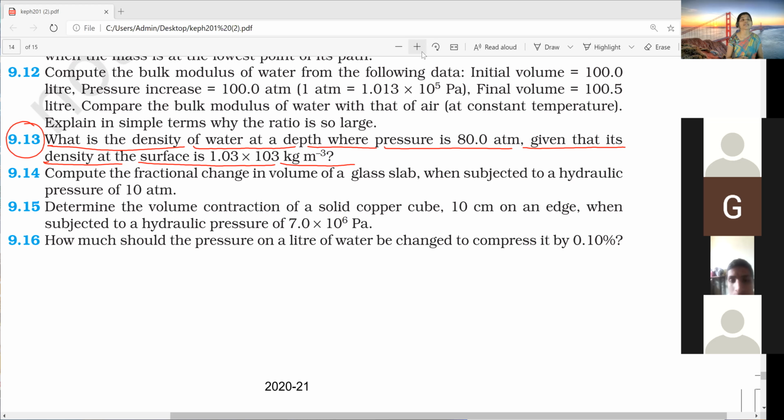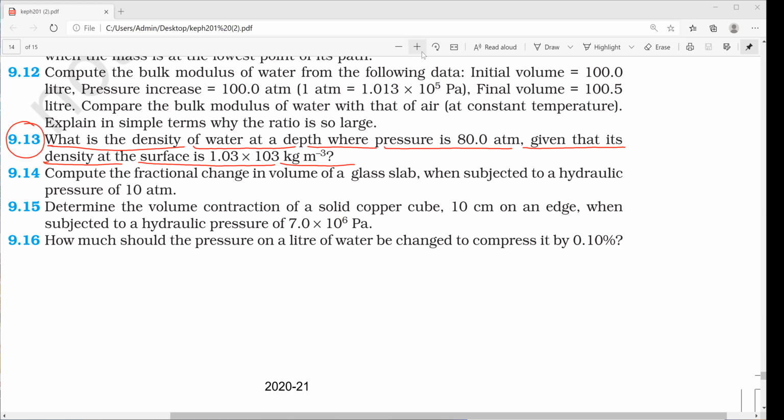First, before that, try to write the given things required for that. Then it is easy to guess the required formula. So what they have given, 9.13, so we are solving.